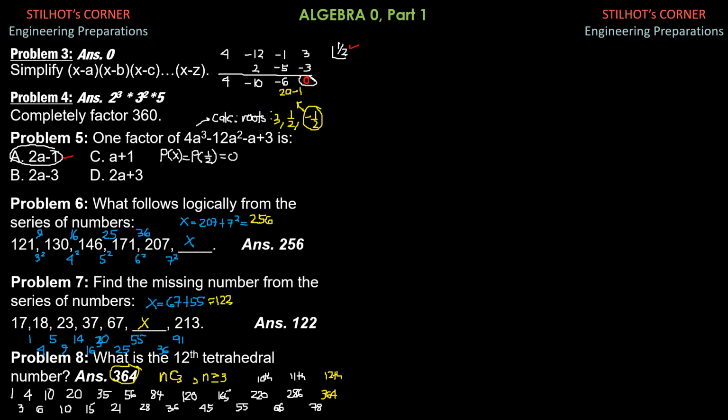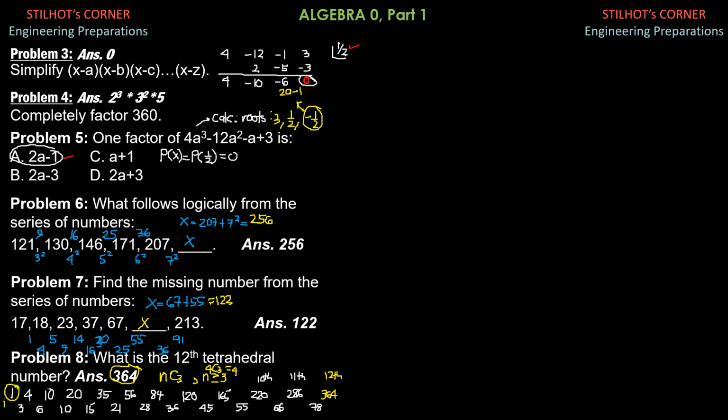So that's why when n is 3, this is the first tetrahedral number, 3 combination 3 is 1. And the second number, which is 4, is 4 combination 3. So 4 combination 3 is 4, but this represents the second.